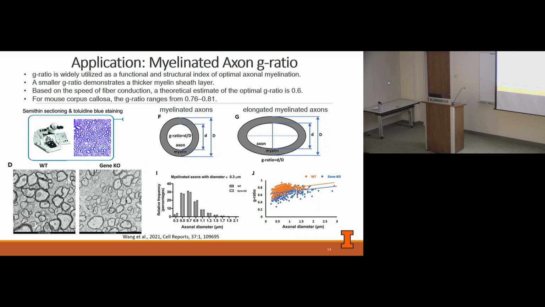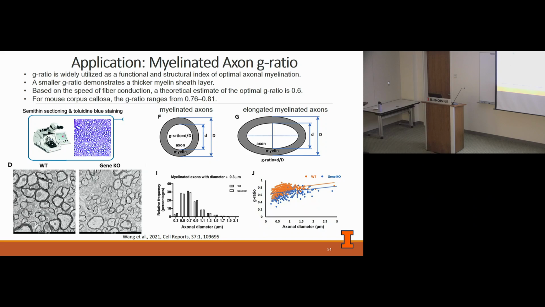Traditionally, this work was done using microtome sections and toluidine staining, and then you sit down and manually do these measurements. But with the advent of high resolution techniques like serial block face SEM, you can get much higher resolution images. Here you have a wild type and knockout. You can clearly see that there are differences in the size of the myelination.